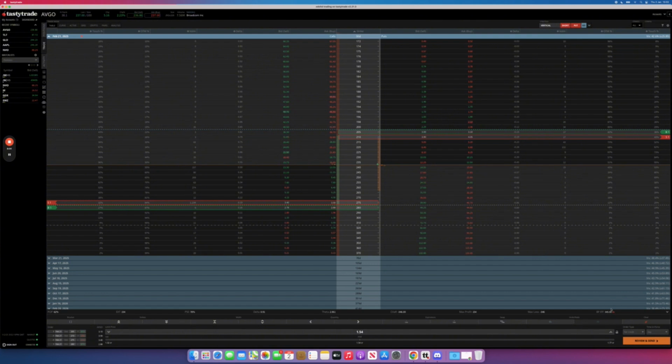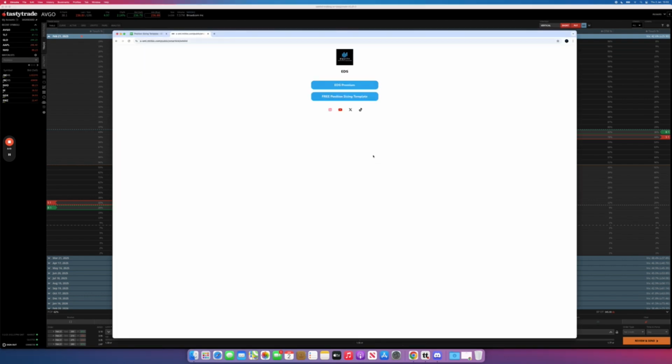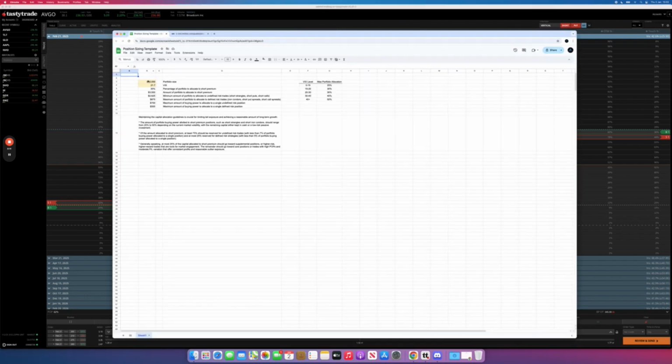If you want to know how much buying power you should be allocating to your positions, then click the link in the description, click on the free position sizing template, and it will take you to this spreadsheet. The way it works is you enter in the size of your portfolio, and then you enter in the current VIX level, and everything below will then be automatically calculated for you.